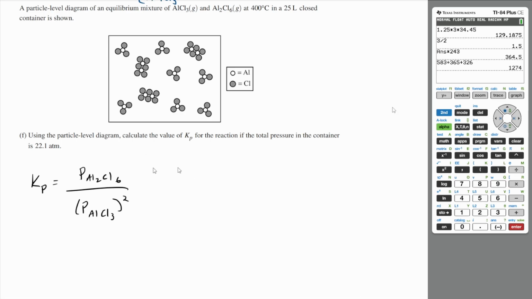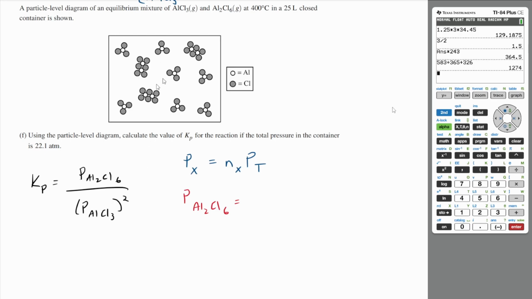Well, the partial pressure of your compound is just going to be the mole fraction of that compound times the total pressure in the system. So let's calculate the partial pressure of your product. The partial pressure of Al2Cl6 is going to be the mole fraction. Let's look at our diagram here.